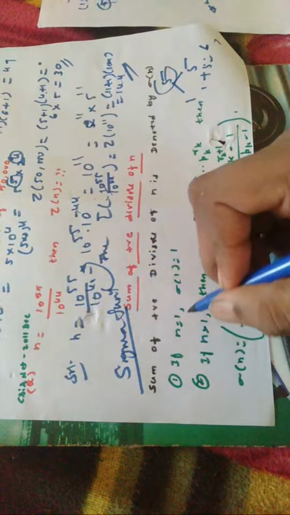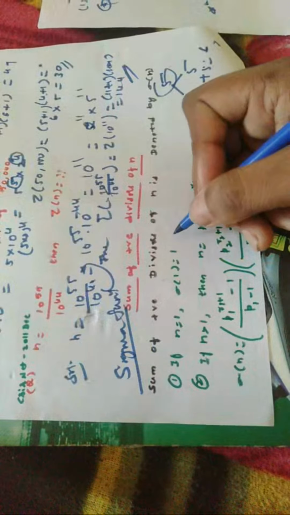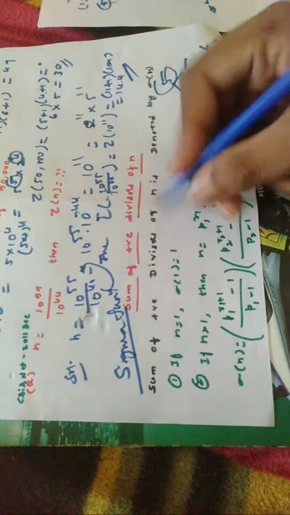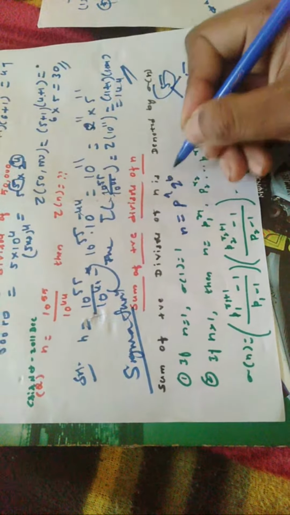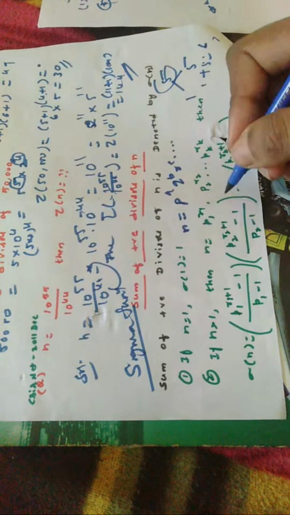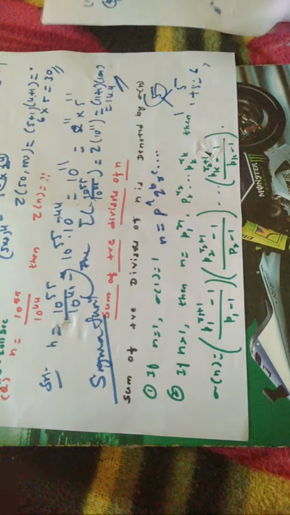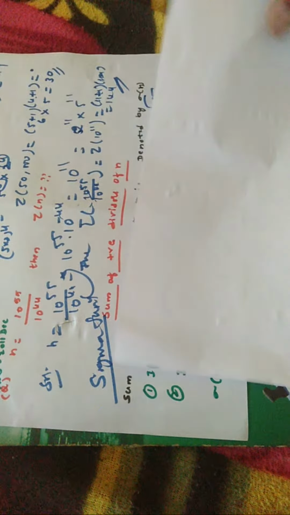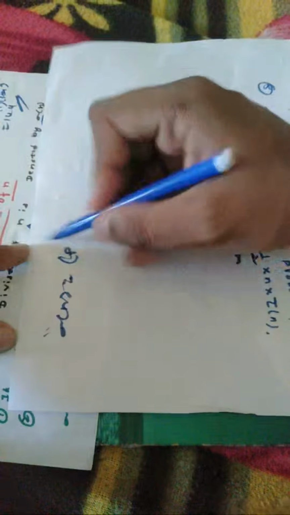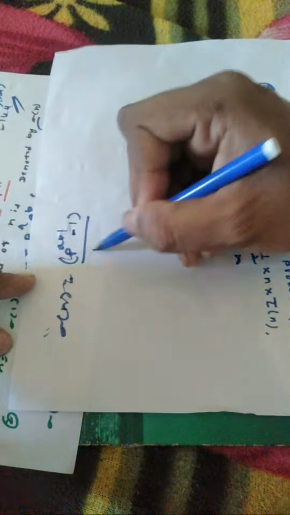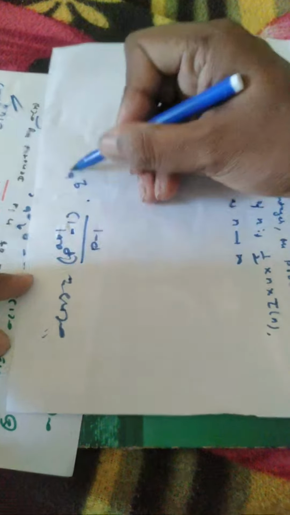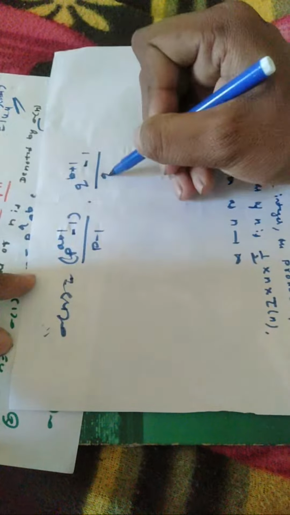If n is equal to 1, sigma of 1 is equal to 1. If n is greater than 1, then we write n in the easy way as p power of a, q power of b, r power of c, and so on. Here we get sigma of n is equal to (p power of a plus 1, minus 1) by (p minus 1), into (q power of b plus 1, minus 1) by (q minus 1), and so on.